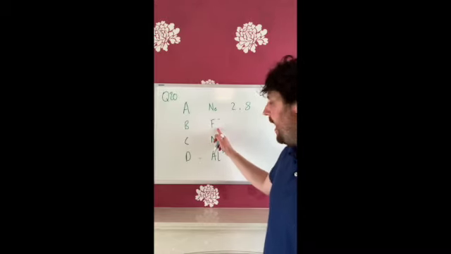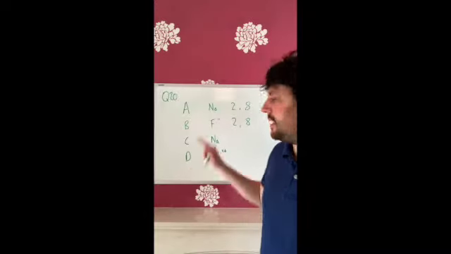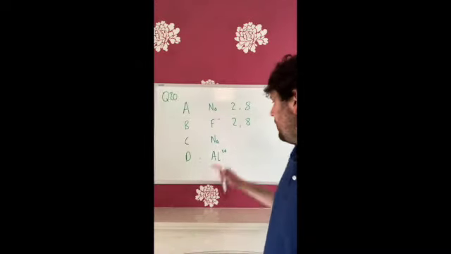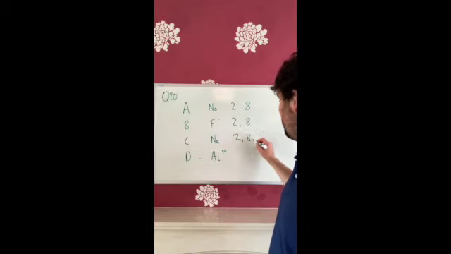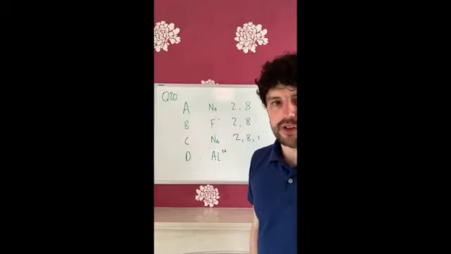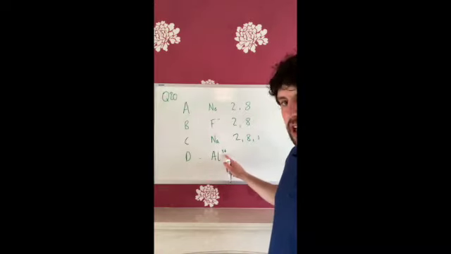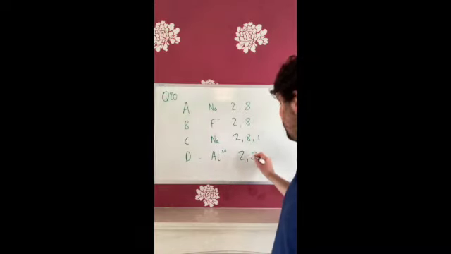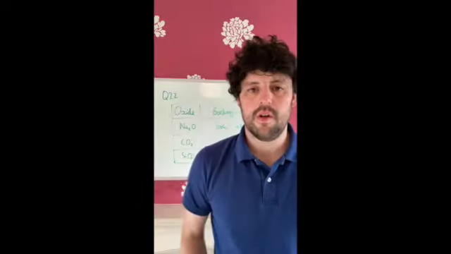Fluoride, or the fluorine ion, has an electron arrangement of 2,8, but it's negatively charged. Sodium atom has an electron arrangement of 2,8,1 and it's not positively charged. Al3+ is positively charged and it has an electron arrangement of 2,8. So the answer to this one is D.